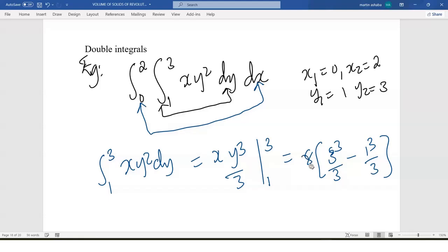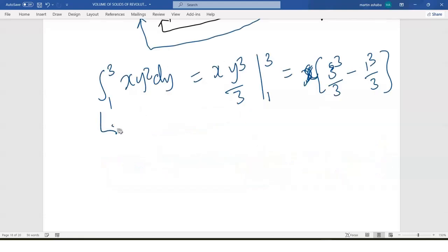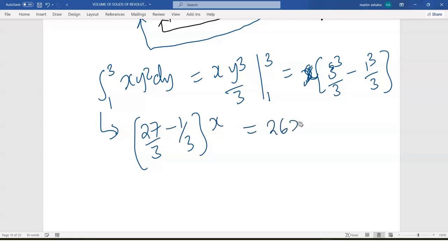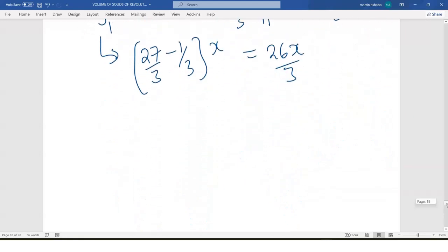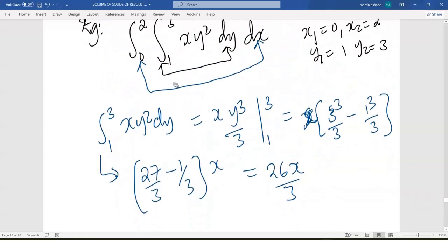Remember, what is outside is x. So this gives us 27 out of 3 minus a third, everything times x. So this becomes 26x out of 3. So what we are remaining with is a function of x, and therefore we can go ahead and integrate it from 0 to 2 with respect to x.